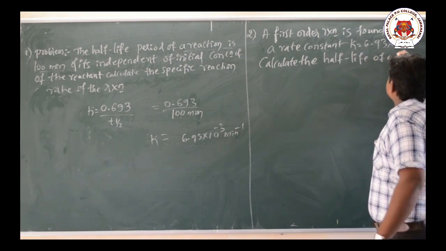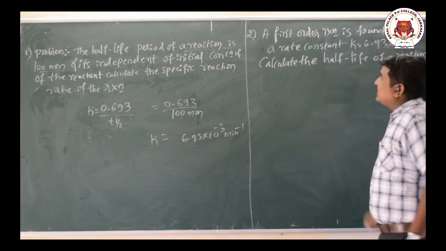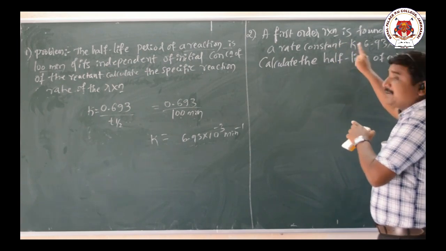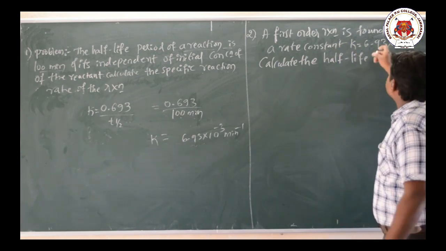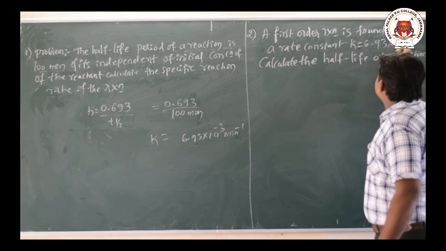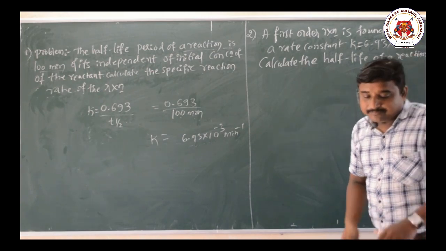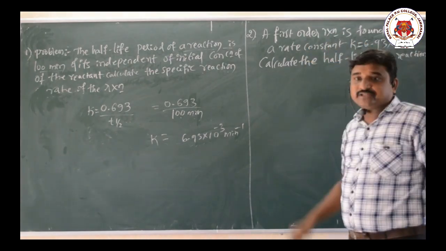Here they are going to ask for the half-life. They have given the rate constant value, K equal to 6.93 × 10^-3 per second. They have already mentioned that it is a first order reaction.